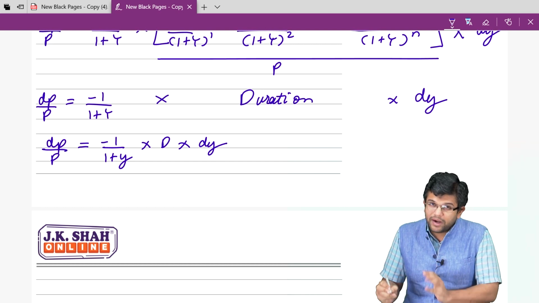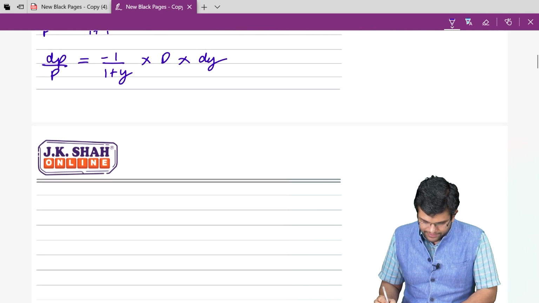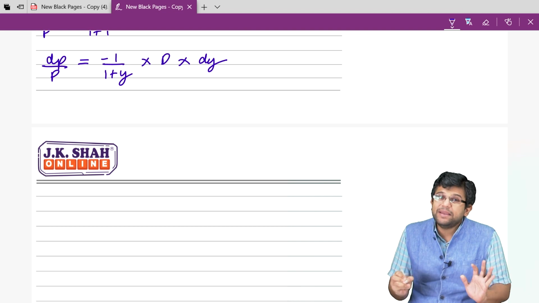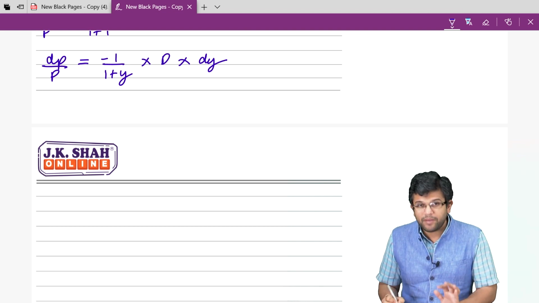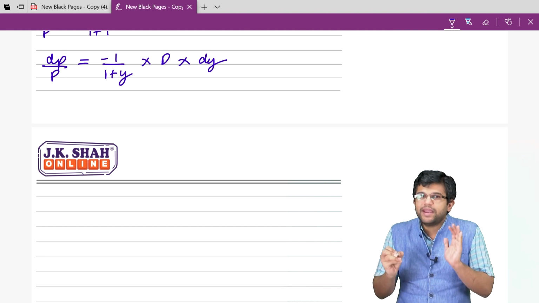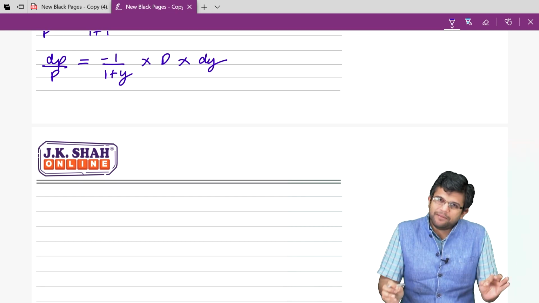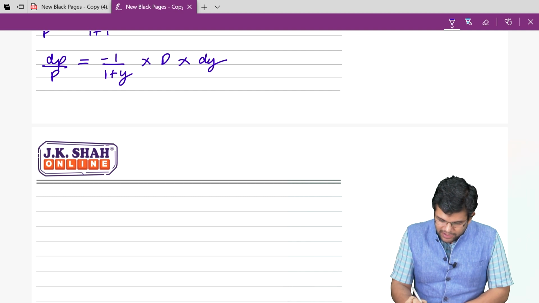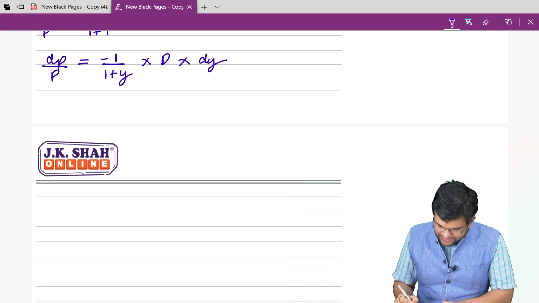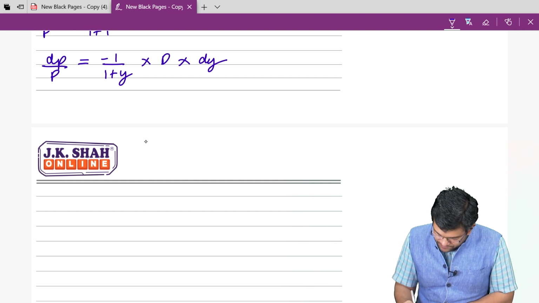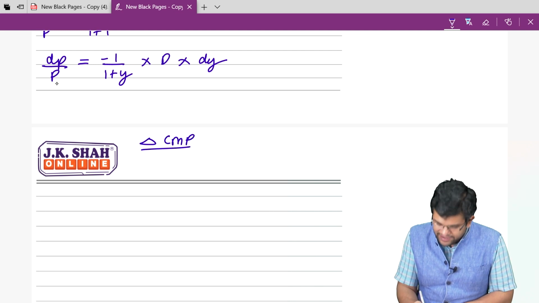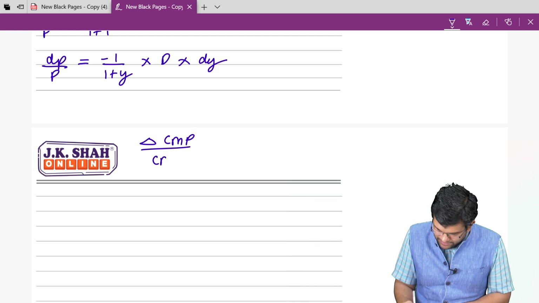Now one term, please try understanding. See children, what is dp? dp, if you remember, was the change in price of the bond, correct? Delta of CMP, change in CMP. So children, I can write it like this: delta CMP divided by p, can I say is nothing but CMP only?